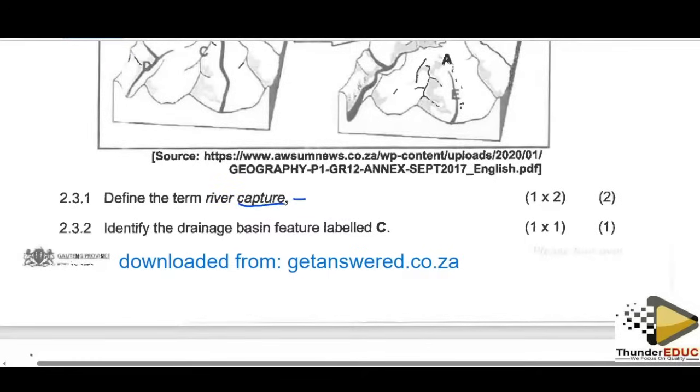So you could say energetic river stills the weaker river. So we are looking at this concept, which is still. You see, which is still.